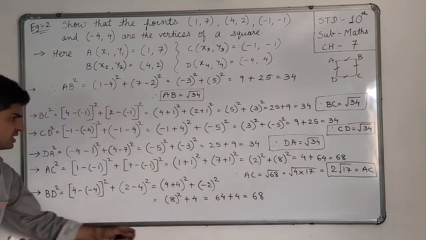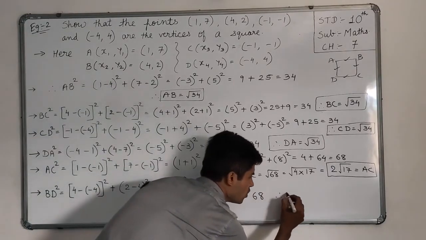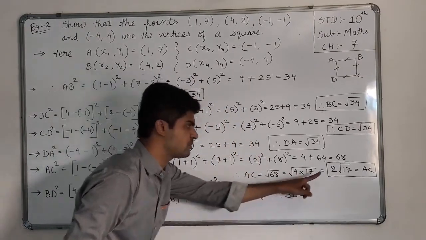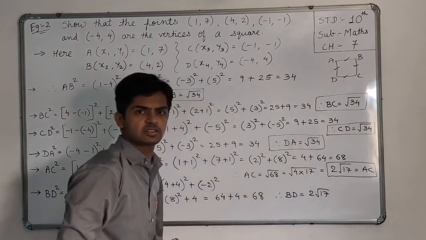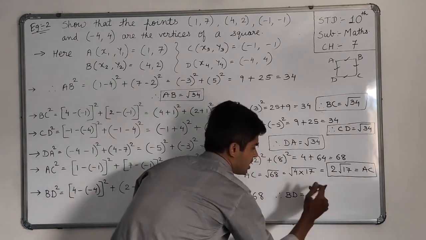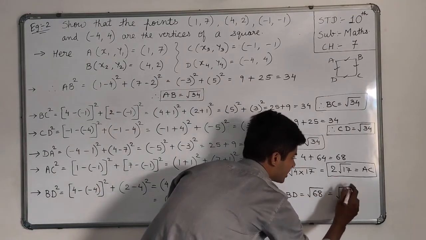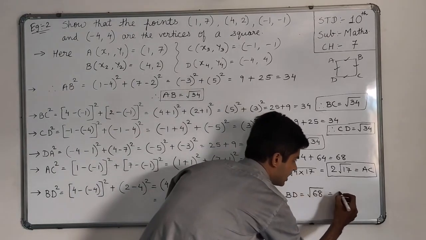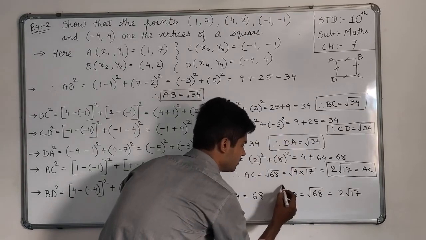Again 68 is the answer of this BD square, so BD answer will be same as previous one. So I am directly writing the final answer, that is 2 root 17. समझ में आया? Okay, many students will not be able to get it, so 68 और फिर बाद में equal to करके ये डायरेक्ट आंसर लिख डाल दे. ये बीच का जो स्टेप है मैं यहाँ पे नहीं लिखता, 2 root 17. Understood?